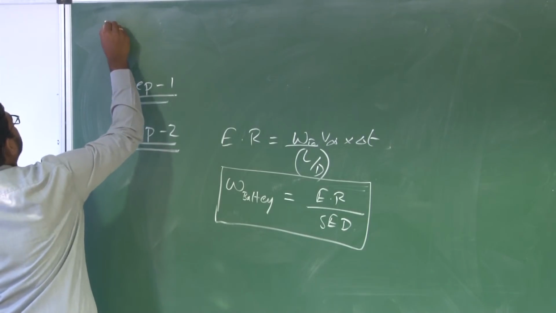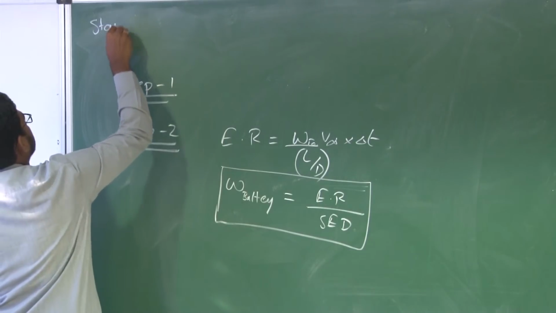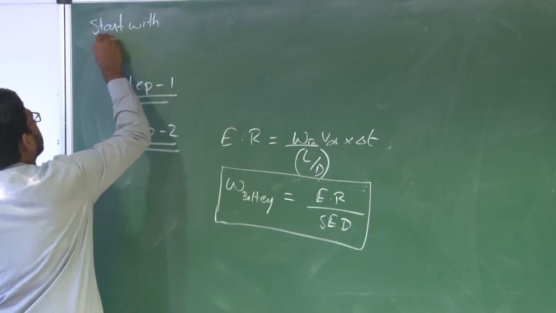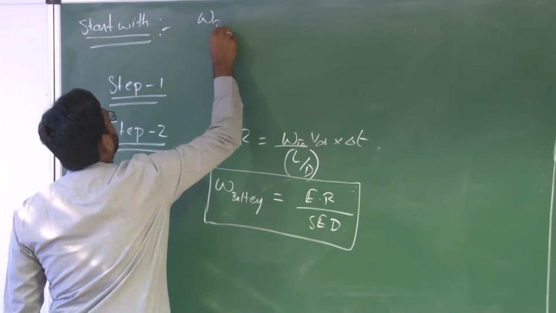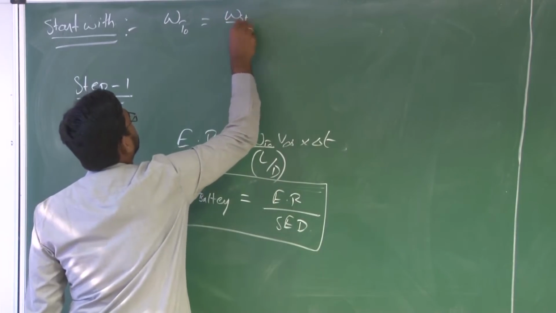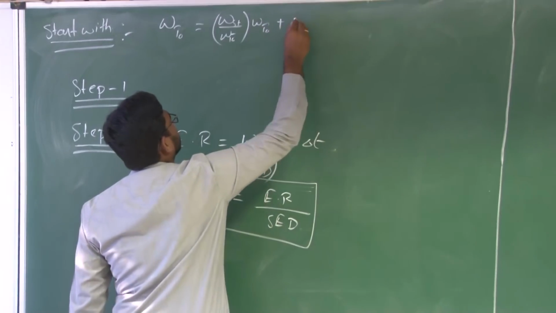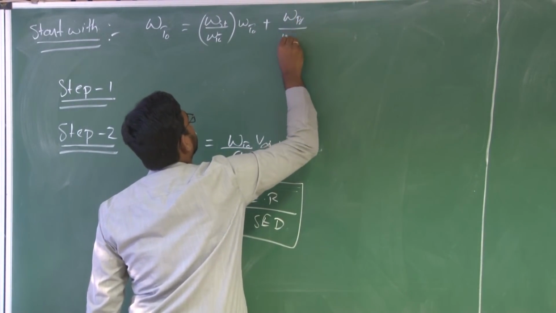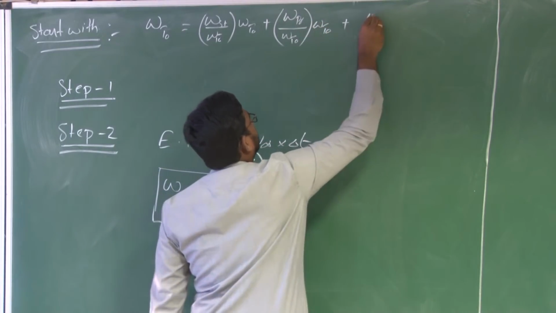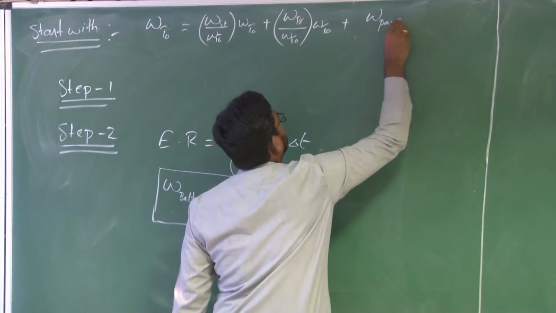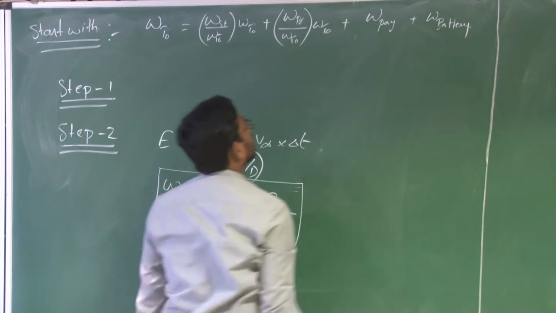So in this algorithm, you start with W takeoff equals W structure by W takeoff into W takeoff plus W propulsion by W takeoff into W takeoff, plus the battery weight.